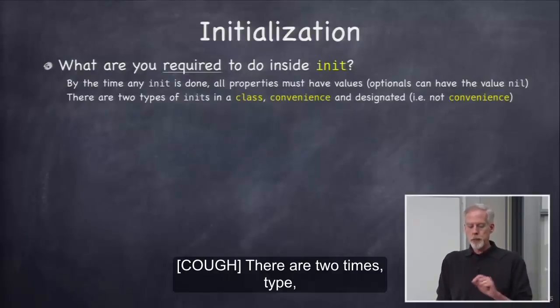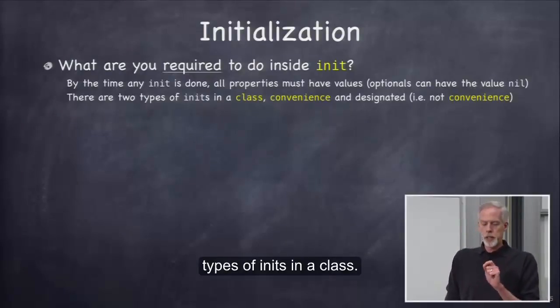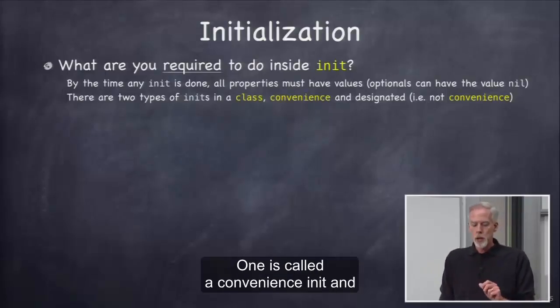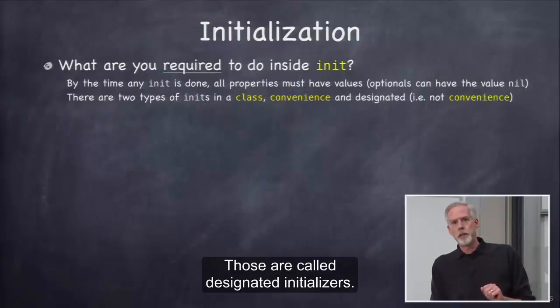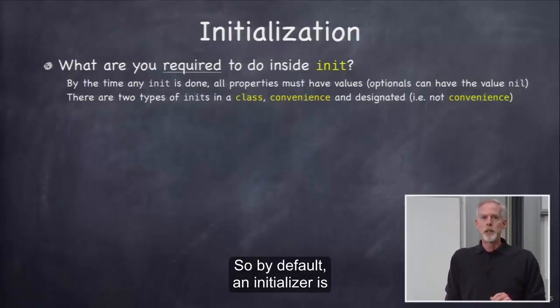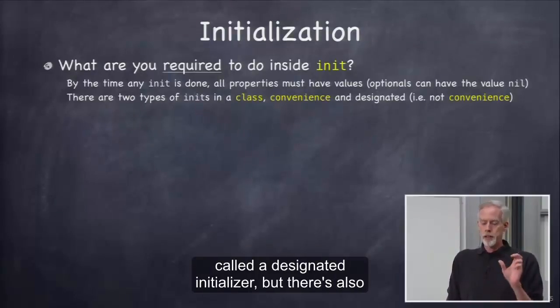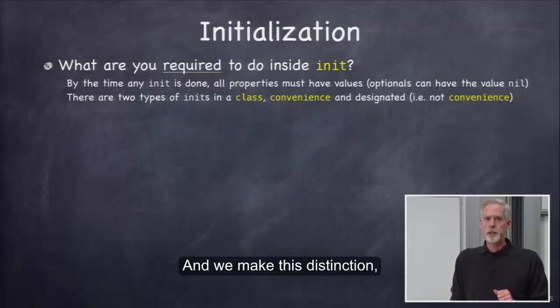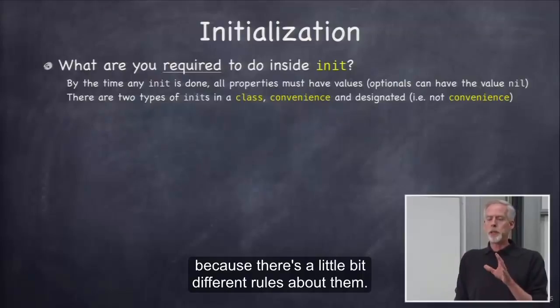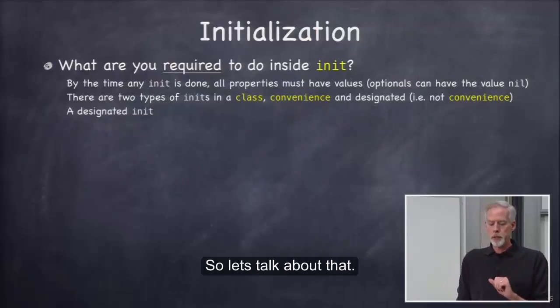There are 2 types of inits in a class, not in a struct, but in a class. One is called a convenience init, and then there's all the other kinds, which are called designated initializers. By default, an initializer is a designated initializer, but there are also these convenience initializers. We make this distinction because there are slightly different rules about them, so let's talk about that.